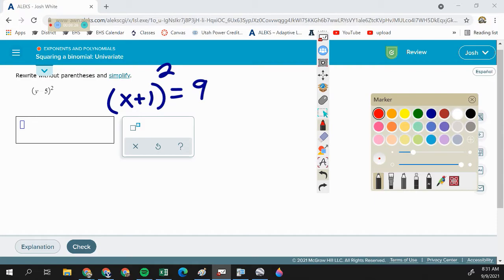All right. What if I had this? How would you solve this? Take the square root. So x plus 1 is equal to, oh, don't forget the rule, plus or minus 3. Why is that?